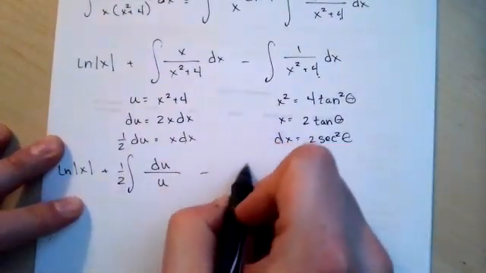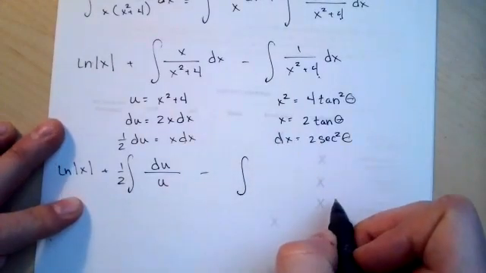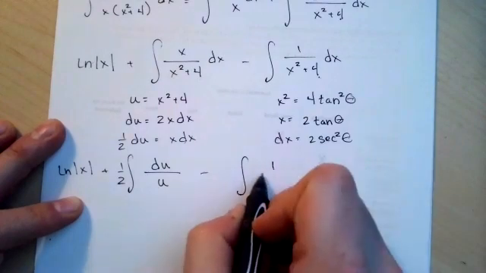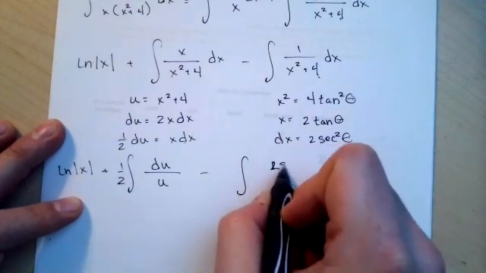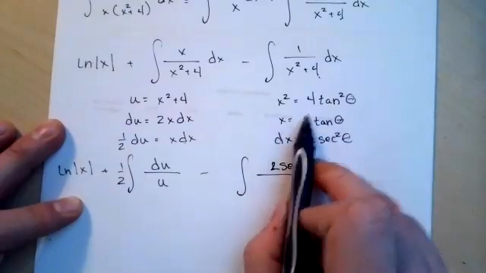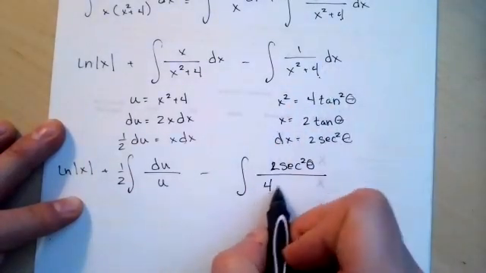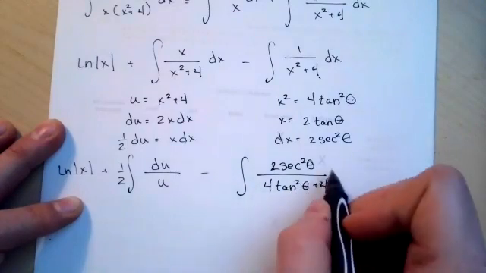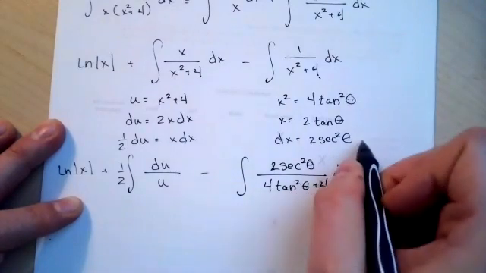And so we've got our integral of, let's go ahead and write it as 2 secant squared in the numerator, divided by 4 tan squared plus 4 d theta.